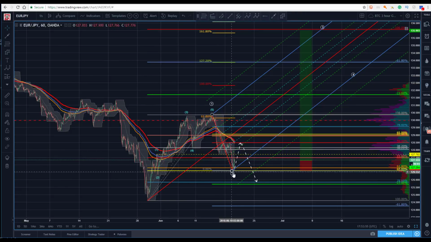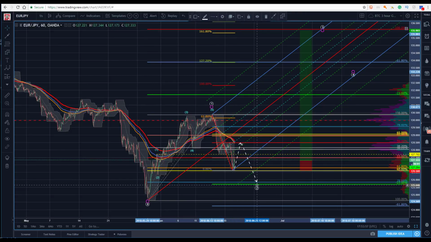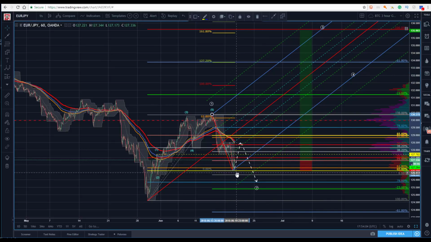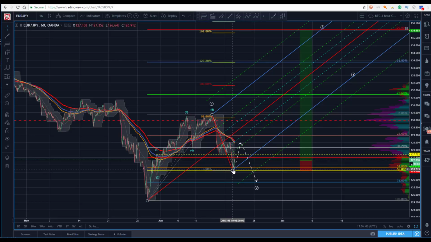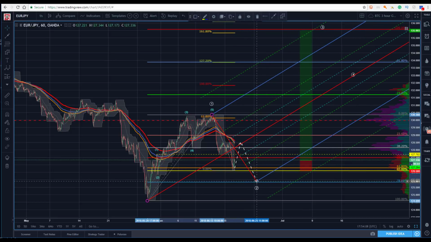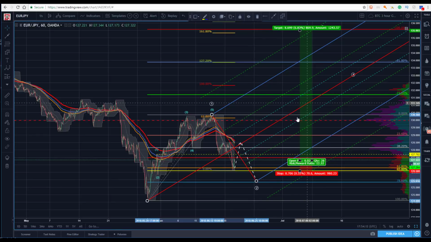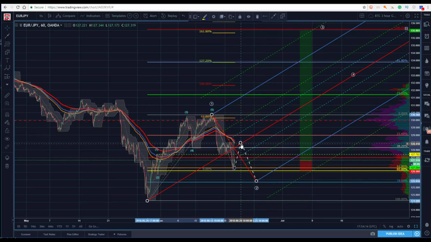Now, if it did that, we'd still have a contender for a second wave. This wouldn't change. We'd have to redraw some of this. If that were to happen, right now we have a new pivot. If that holds, the odds stay the same. If we were to hit this pivot at the 50, come down, hit that algo target, we still have a contender for a 1-2.